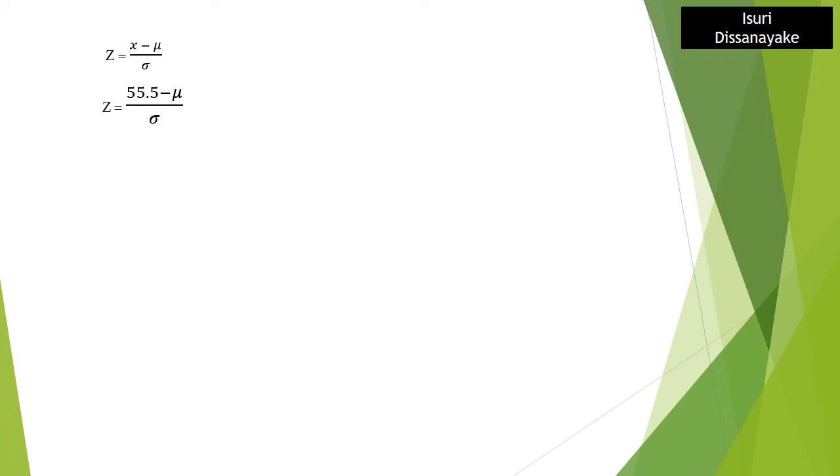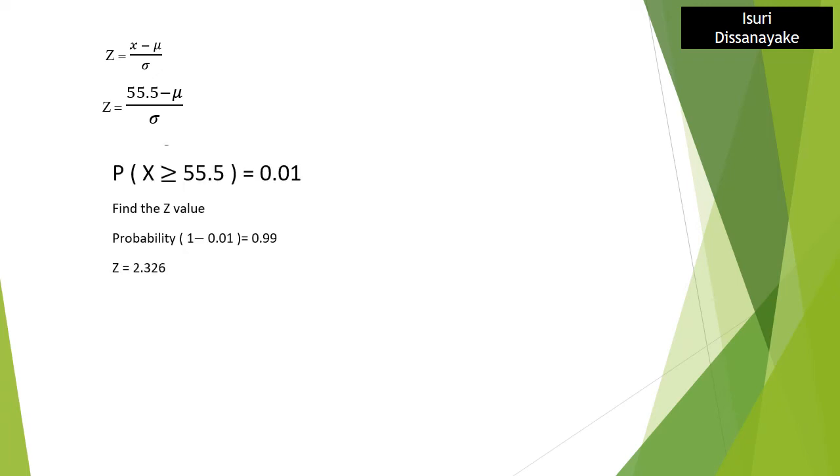So z is equal to x minus mu over sigma. X is 55.5. Mu and sigma, the two values we don't know. And what we have to find is the probability of x being greater than 55.5, and the sum gives you the probability. So x being greater than 55.5 is equal to 0.01. So we know how to use the normal distribution tables.